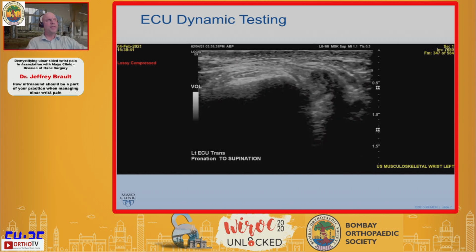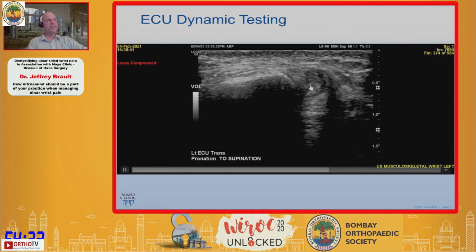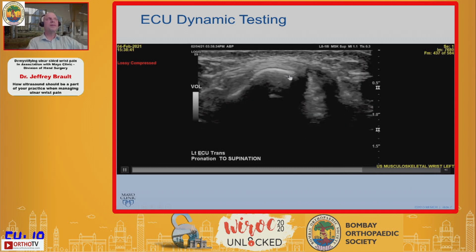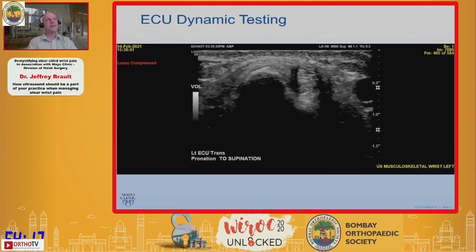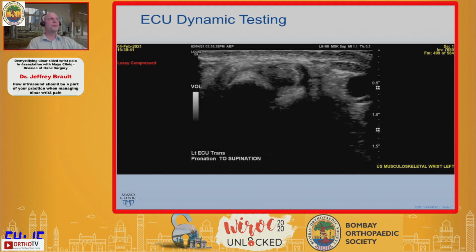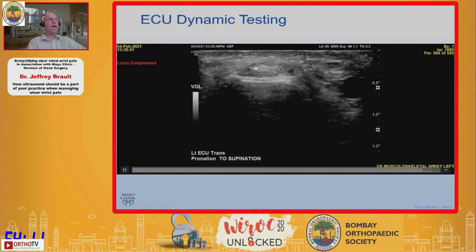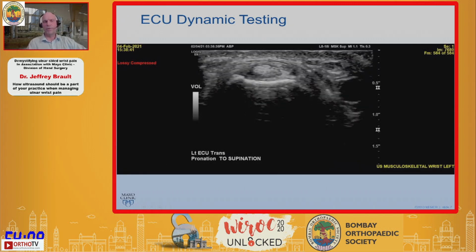It doesn't quite sublux, but you can see it here. It's actually perching on the ridge. So I should say it's subluxed, but it does not dislocate. If we use color Doppler, we could identify if there's a subsheath abnormality or increased blood flow in that region.